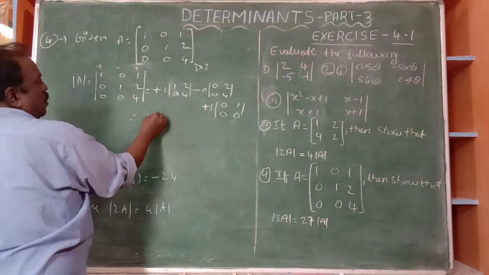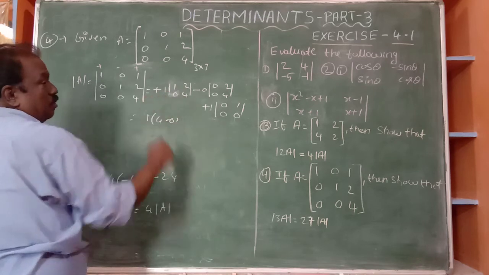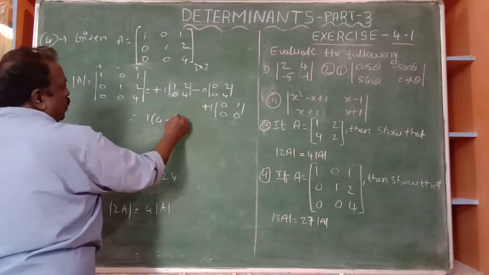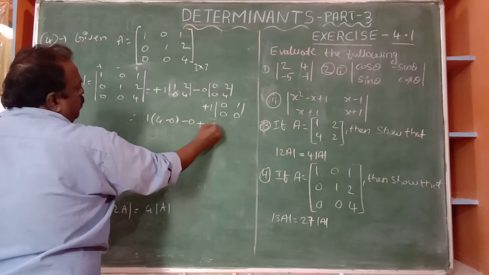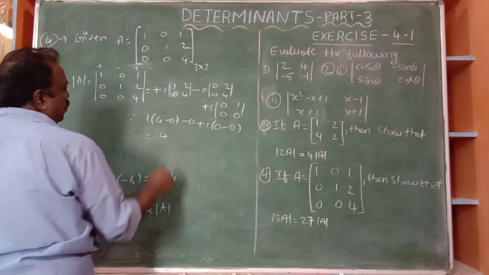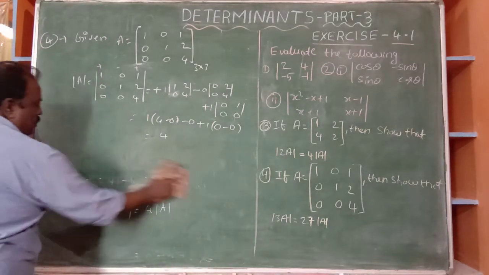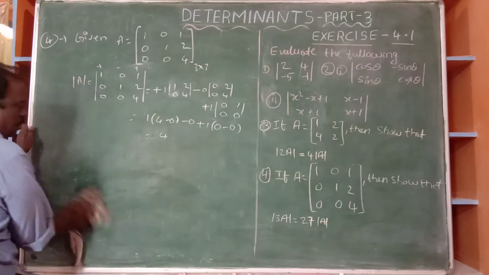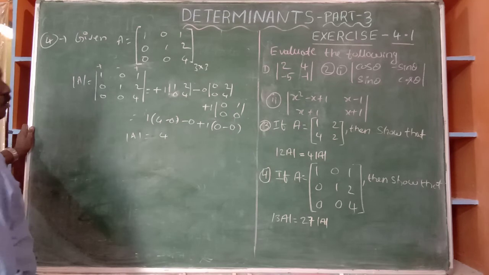Now how much? 1 of 4 into 1 is 4 minus 0 into 2 is 0. Minus 0 anything is 0. Plus 1 into 0 minus 0. So it is only 4. So the determinant of A is simply 4.